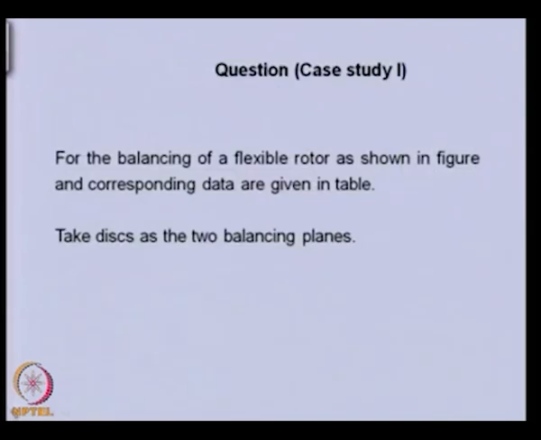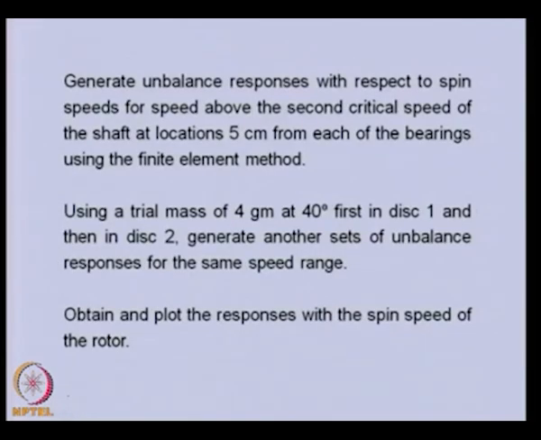So, in this particular rotor, which is flexible and has distributed mass property, we have tabulated various parameters of the rotor in a table. So, let us see the table.